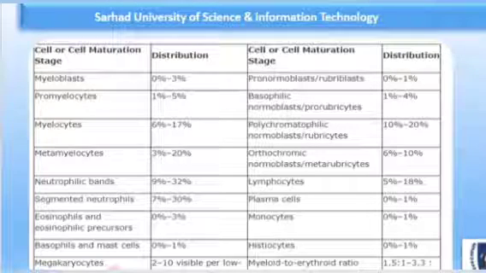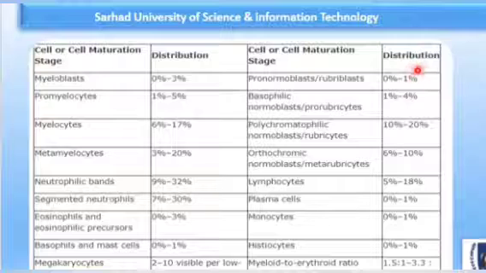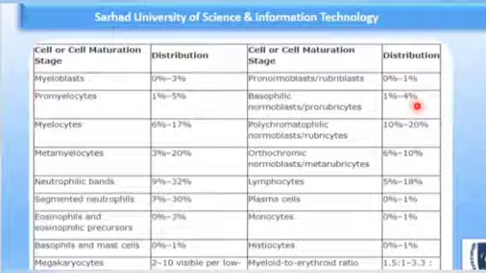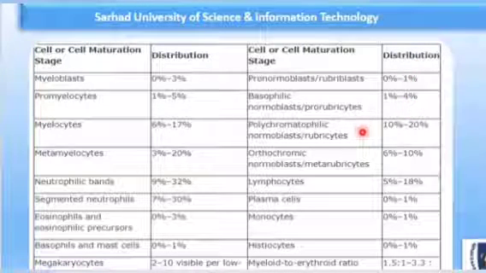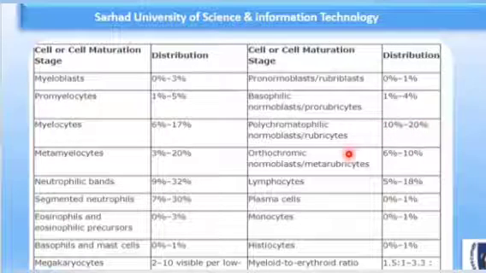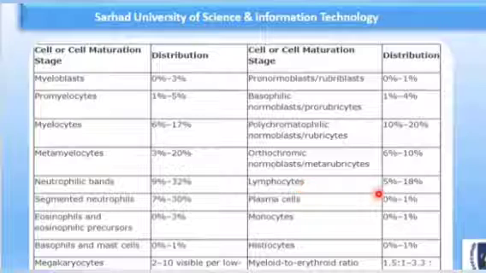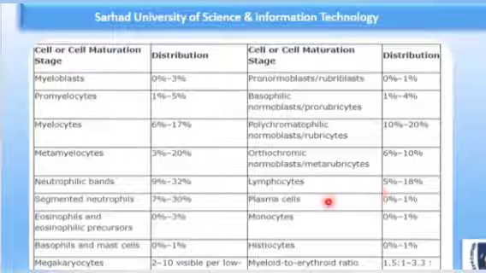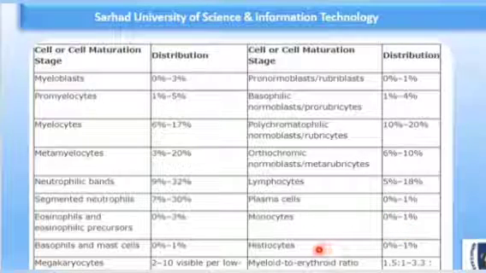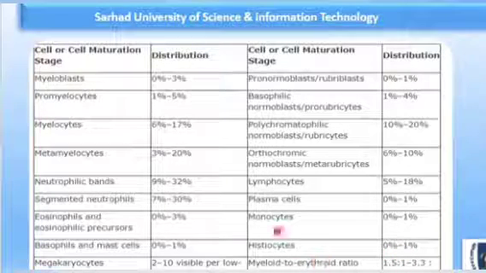On the other hand, when we are dealing with erythropoiesis, pronormoblasts are 0 to 1%, basophilic normoblasts are 1 to 2%, polychromatophilic are 10 to 20%, orthochromatic are 6 to 10%, and lymphocytes 5 to 18%, whereas plasma cells are 0 to 1%. Monocytes are 0 to 1%, macrophages like histiocytes are 0 to 1%, and the M:E ratio.